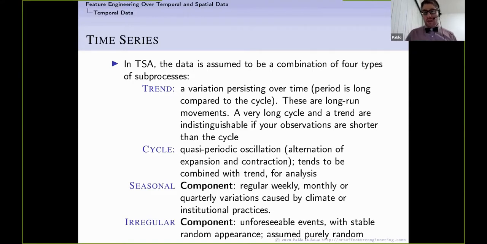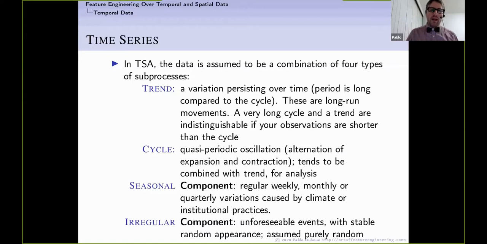People were doing time series for astronomical processes 200, 300 years ago, and so the models themselves are simple, but the theory is vast and complex. In general, you decompose the time series into 4 components: the trend, the cycle, the seasonal, and the irregular component. You try to remove the trend, and then use the techniques to predict what remains.